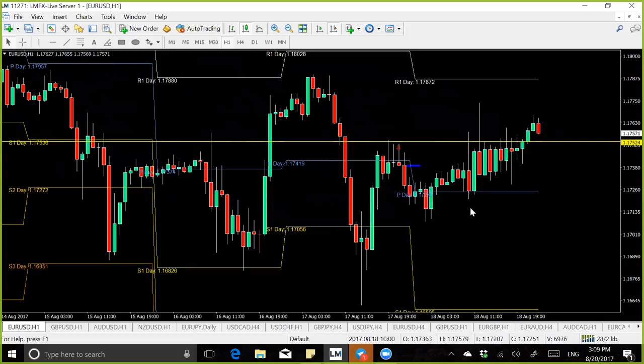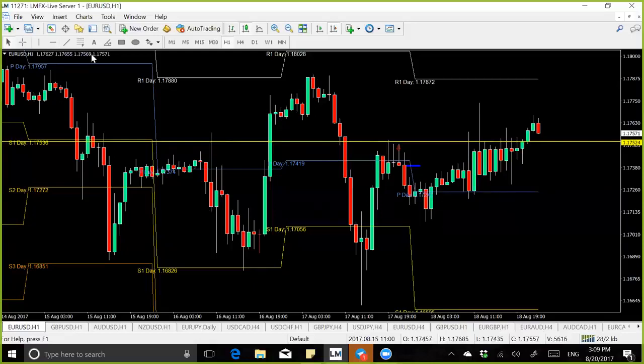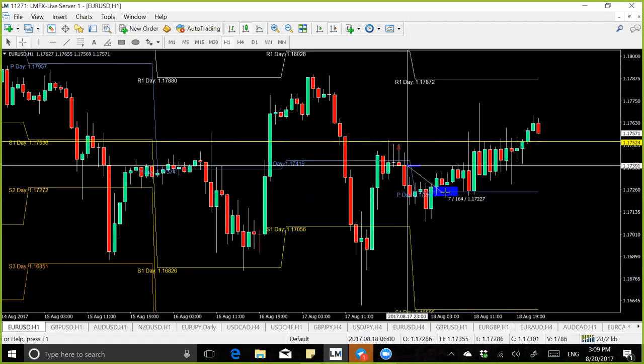So that's the 3-day range. The closest pivot line is this one. Enter sell, 16 pips guaranteed. That's your first take profit. After that, you can let it run, that's up to you. This is your simple, guaranteed 16 pip profit.